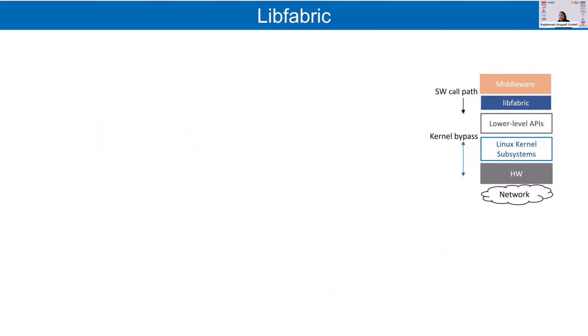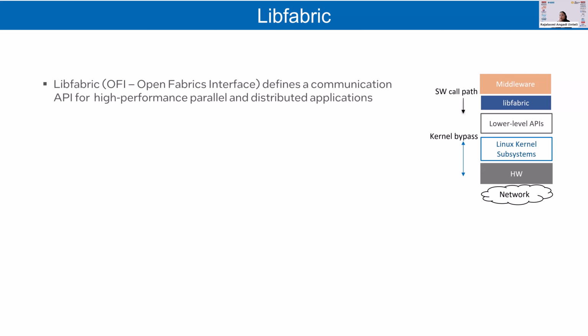So in this diagram, we can see that the Libfabric is sandwiched between the middleware on the top and the rest of the lower layers. On the top side, towards the middleware, it defines a standard common communication APIs for HPC and now these AI applications or the middleware libraries.